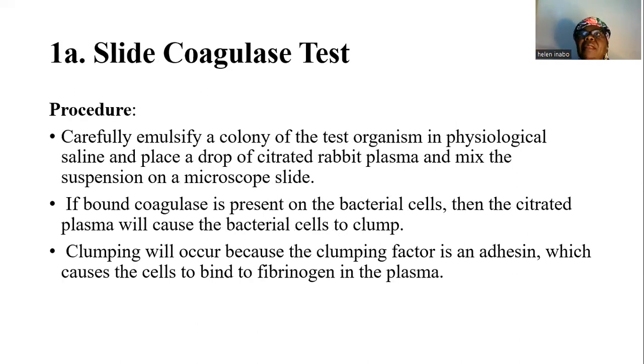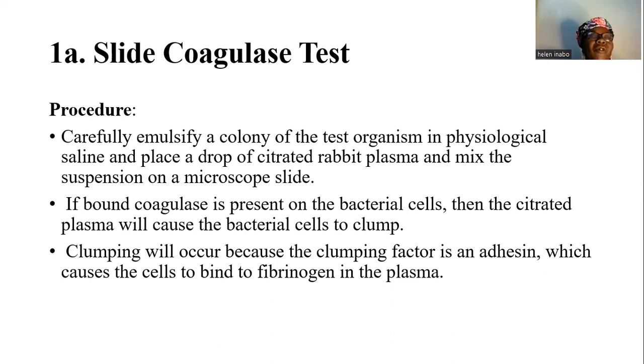There are several biochemical tests that are used to identify Staphylococcus aureus. The first one is the coagulase test. The coagulase test involves two tests, the slide coagulase test and the tube coagulase test.